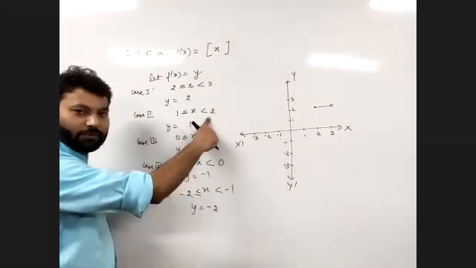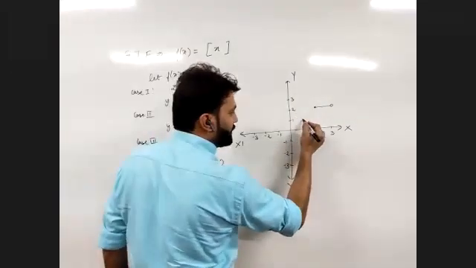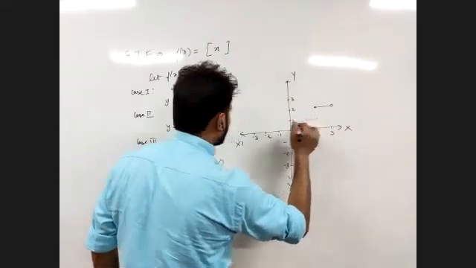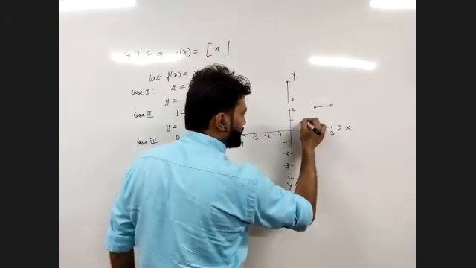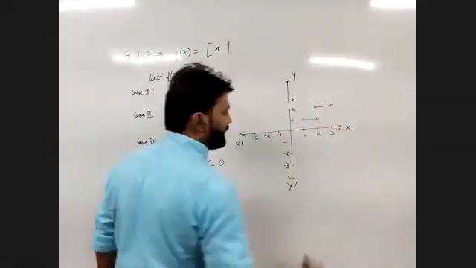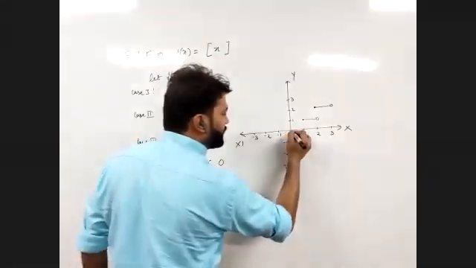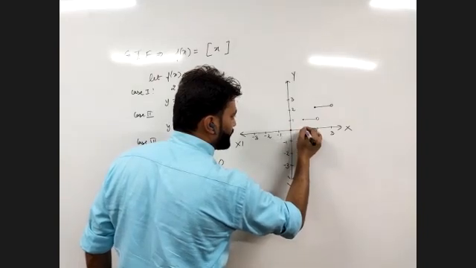Between 1 to 2, when x is between 1 and 2, y is equal to 1. Inclusive at 1, exclusive at 2. Between 0 to 1, it is 0. So filled at 0 and empty at 1.